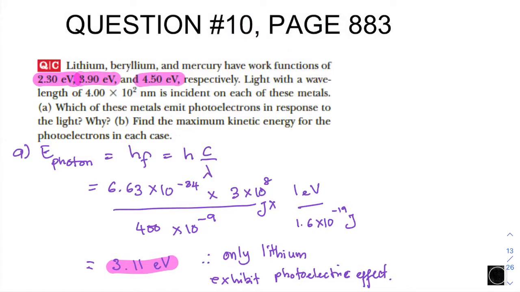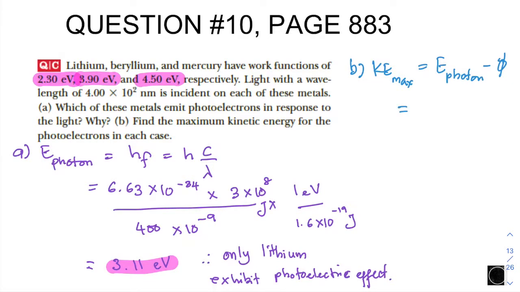For part B, find the maximum kinetic energy of the photoelectrons in each case, since we only have lithium with a possible photoelectric effect phenomenon. The maximum kinetic energy of the photoelectron is equivalent to the energy of the photon minus the work function. Work function is the minimum required energy to eject an electron from a metal surface.